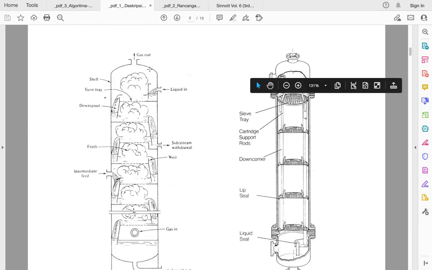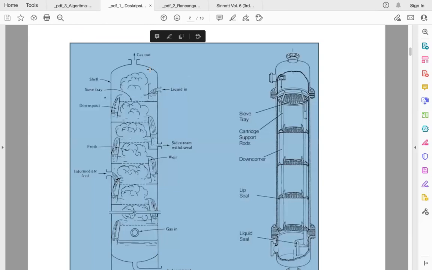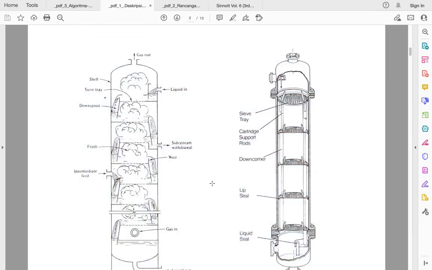Even if it satisfies all of the design, we don't want to make a separator. We want to make a distillation column. So the distillation column should have a tall appearance, and it is better if you change your calculation and do a revision.